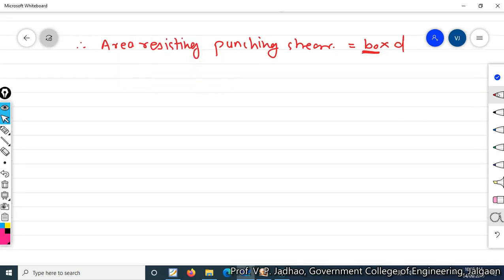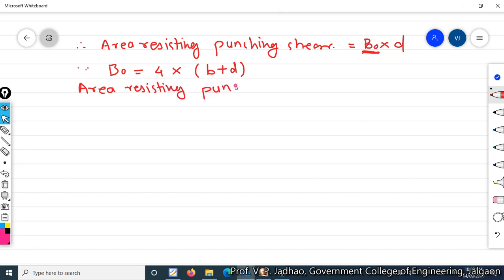Since b0 is equal to 4 into b plus d, the area resisting punching shear will be equal to 4 multiplied by b plus d, again multiplied by small d.